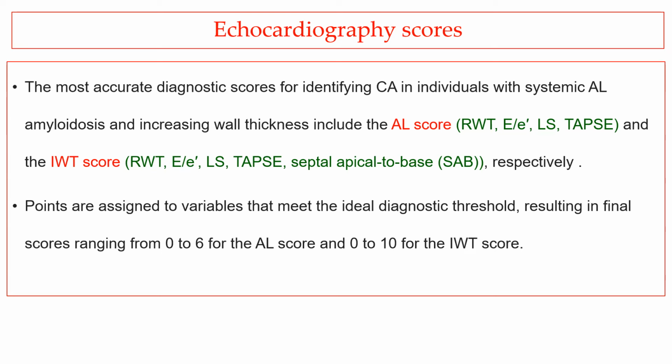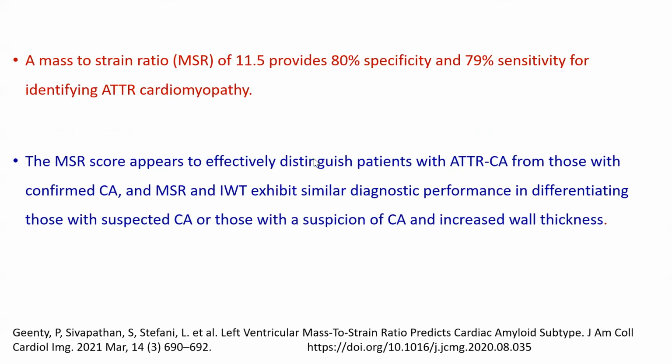The AL score is composed of relative wall thickness, E to E prime, GLS and TAPSE, while the inferior thickness score consists of the same findings plus the septal apical to base strain ratio. Patients are assigned points for variables that meet the ideal diagnostic threshold, resulting in a score range from 0 to 6 for the AL score and 0 to 10 for the inferior thickness score.